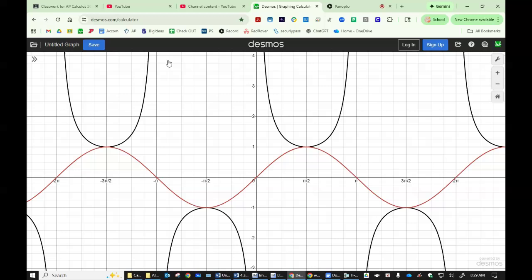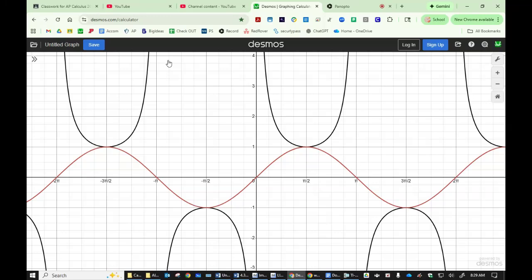So cosecant is very much related to sine, which makes sense because cosecant comes from sine. So the key to graphing cosecant is being able to graph sine and cosine. Okay, so you've been doing that, so it's not going to be anything new.